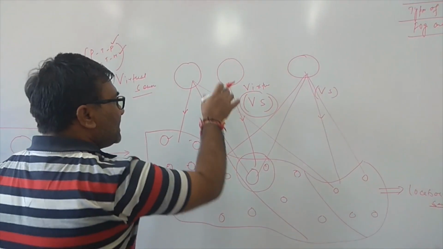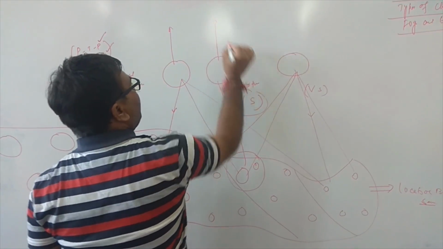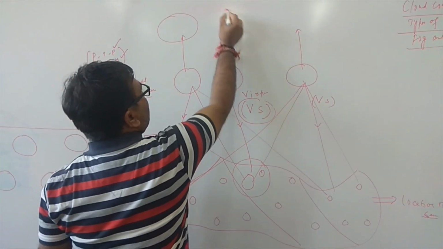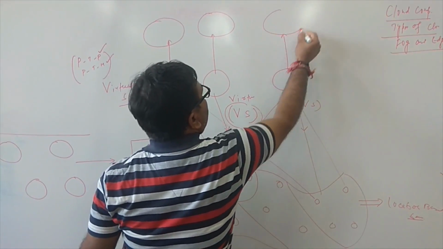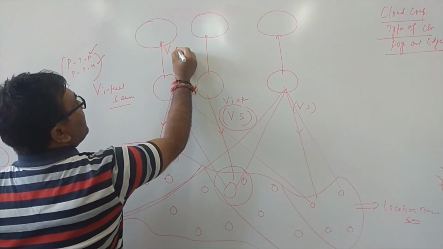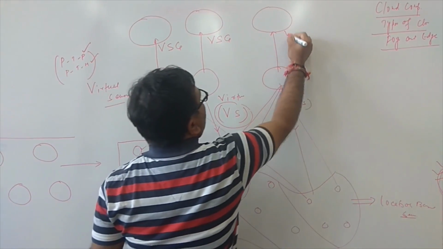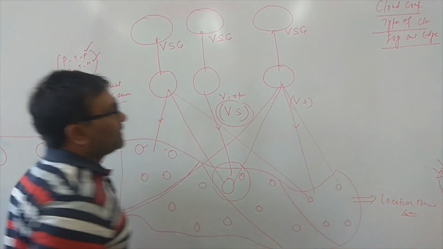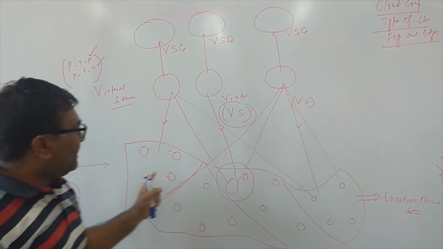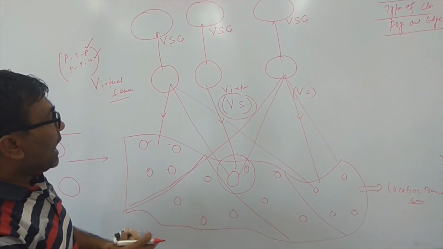So these virtual sensors may be denoted or framed as a virtual sensor group, if these sensors communicate point to point and point to multi-point.